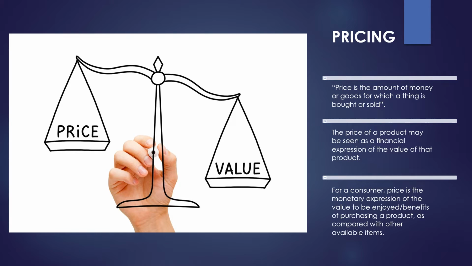So you pay money for goods and services, that is called price. And the price of a product is a financial expression of the value of that product. Suppose a chocolate costs 50 rupees. It's a financial expression of the value of the chocolate.